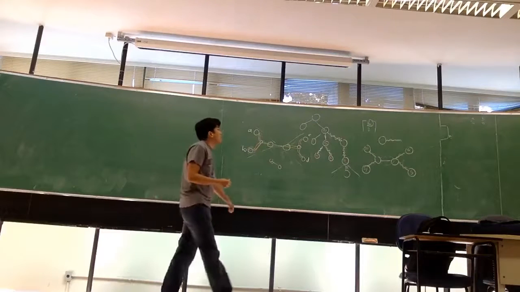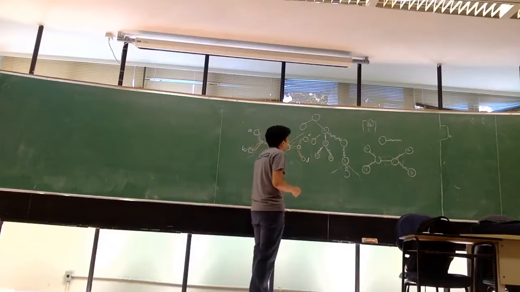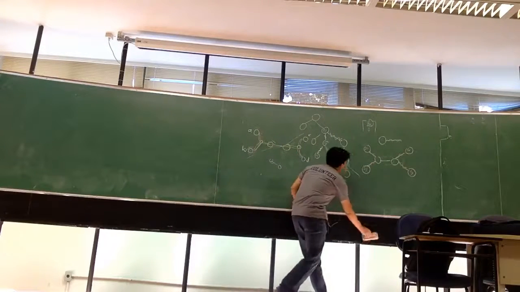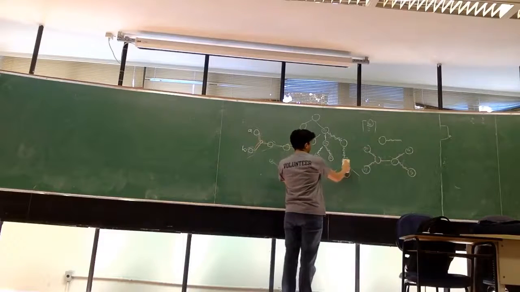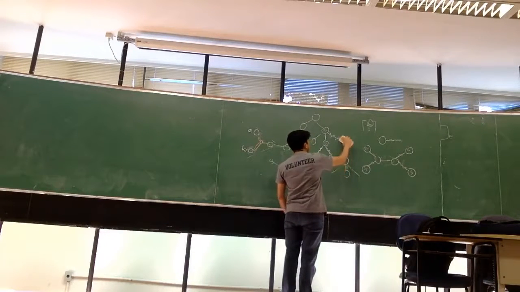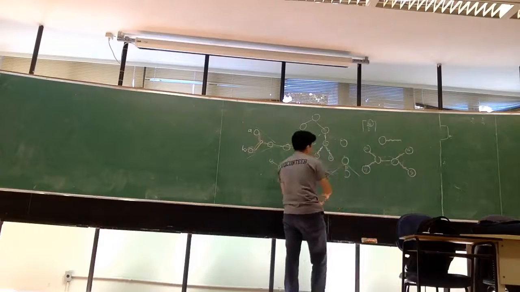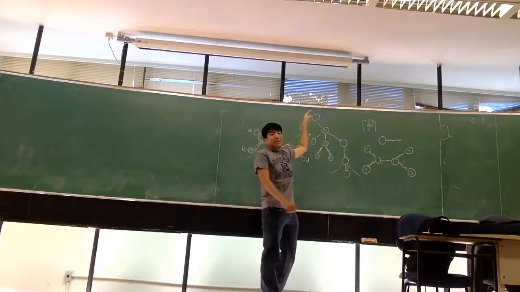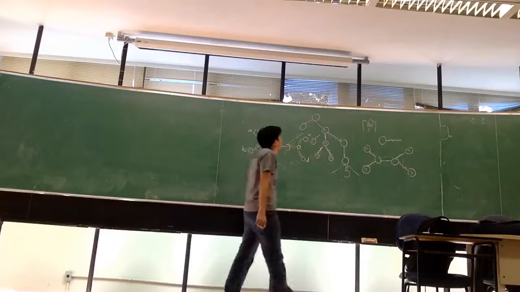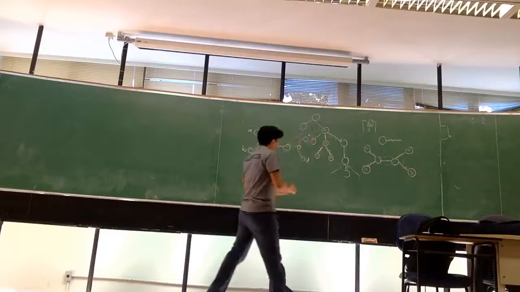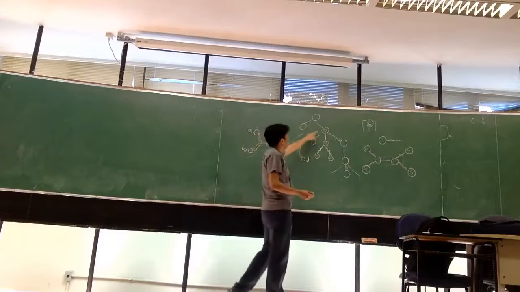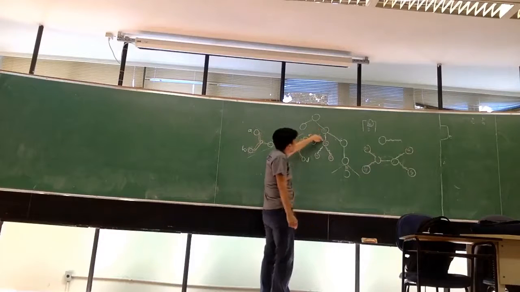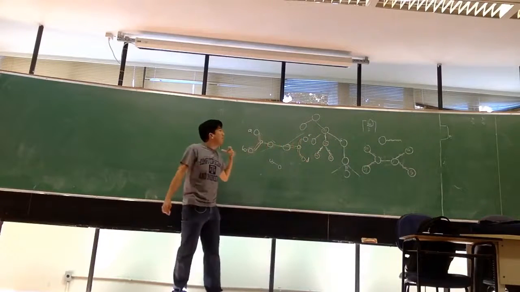But that's not the only case. It also has to take into account this case, so that this vertex is not there. And in this subtree, this guy is also a leaf, right? So how do we detect this guy? Well, if this guy is a leaf, this means that there is a single edge here that connects him to the rest of the subtree, right?